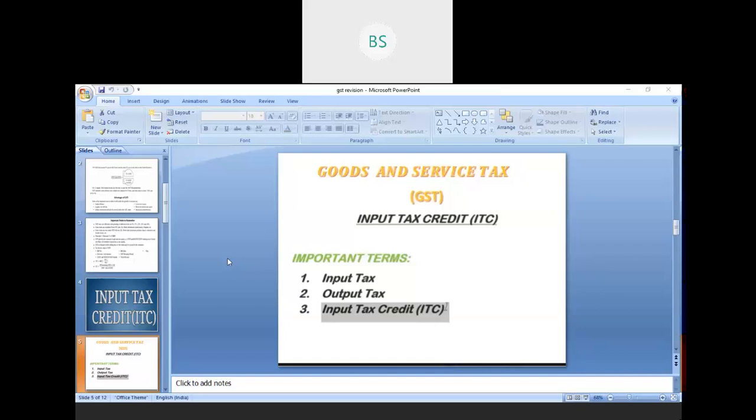Now if the shopkeeper has already given the input tax, that is 1 rupee, and now he again pays 1.5, there will be a loss for him. So to come out of this, input tax credit is introduced. For this, they have given one formula, that is output minus input.